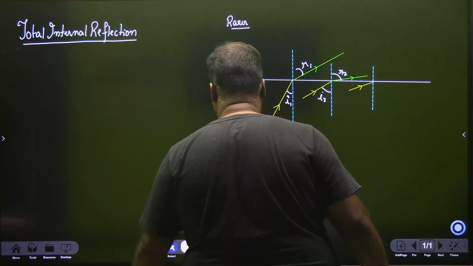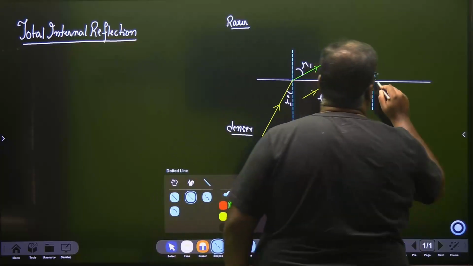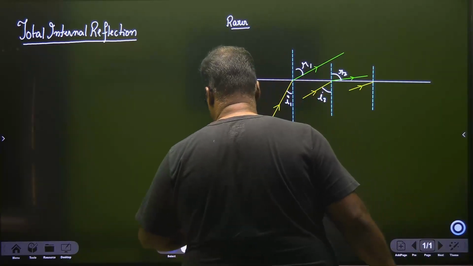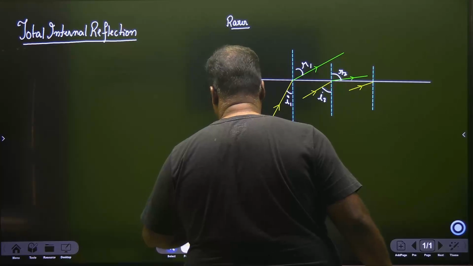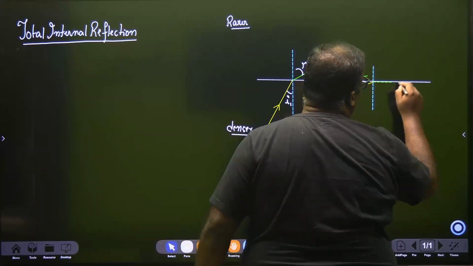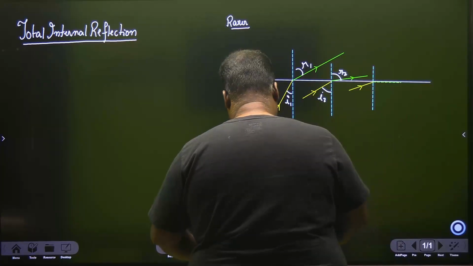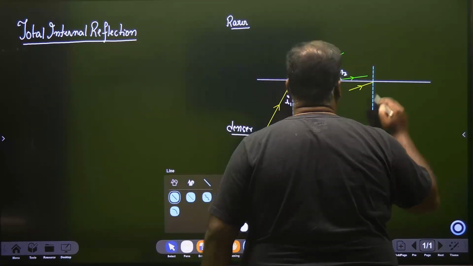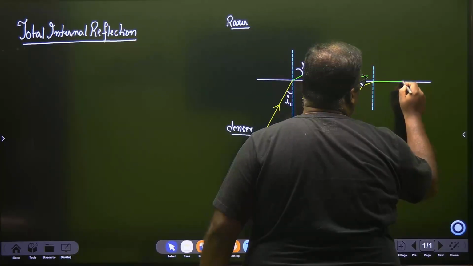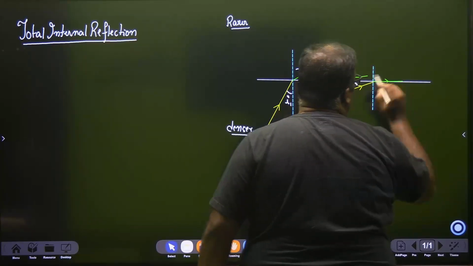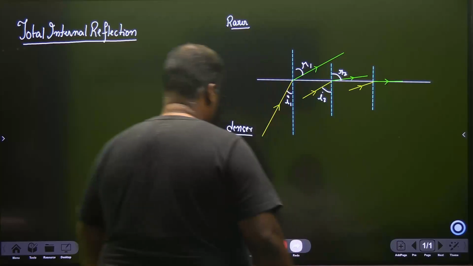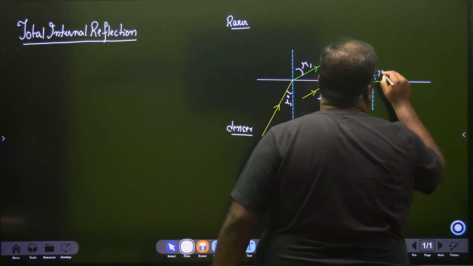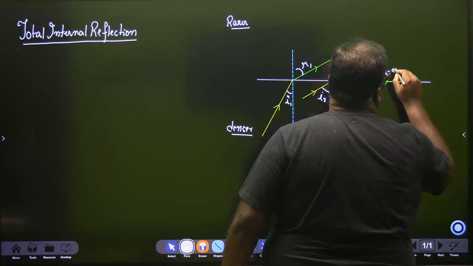I will find that my refracted ray has now disappeared, and the refracted ray has almost aligned itself with the interface. Right? If I look at my angle of refraction now, R3, this is equal to 90 degrees.